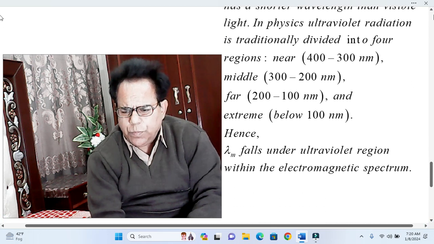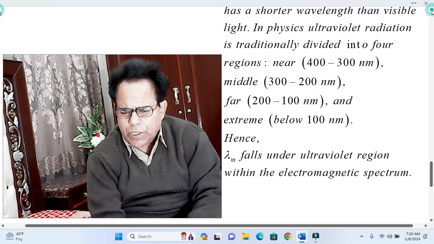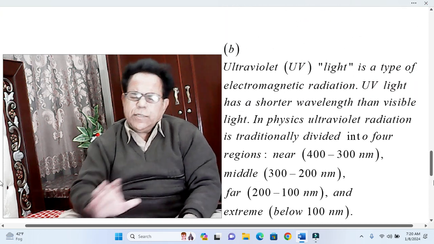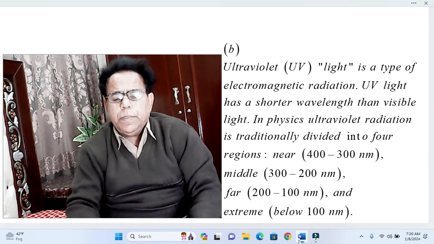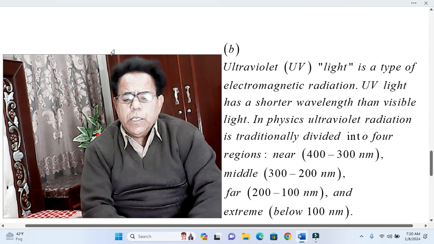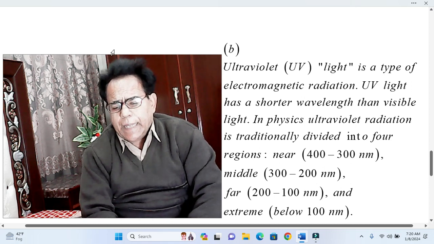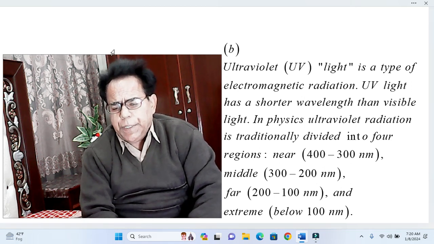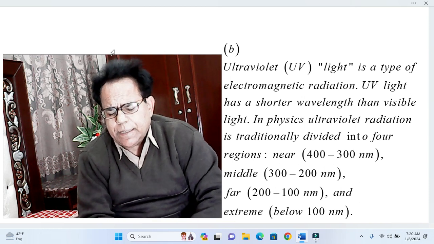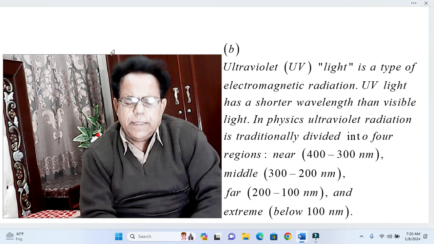Anyhow, whether it has been chosen from Wikipedia or from some book, it is quite relevant to this problem, and on the basis of this we will solve part B. So as a helping tool to part B, we have added this portion.